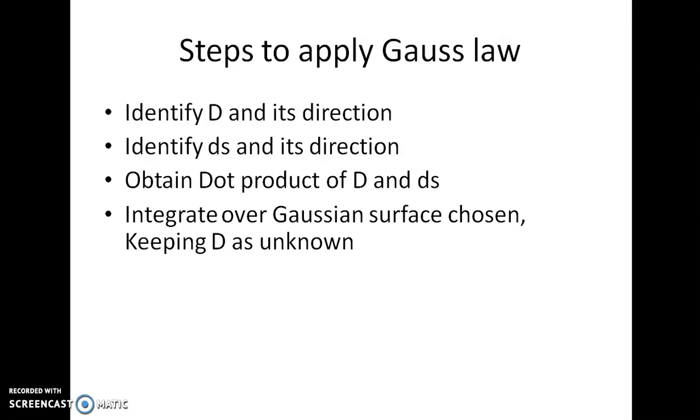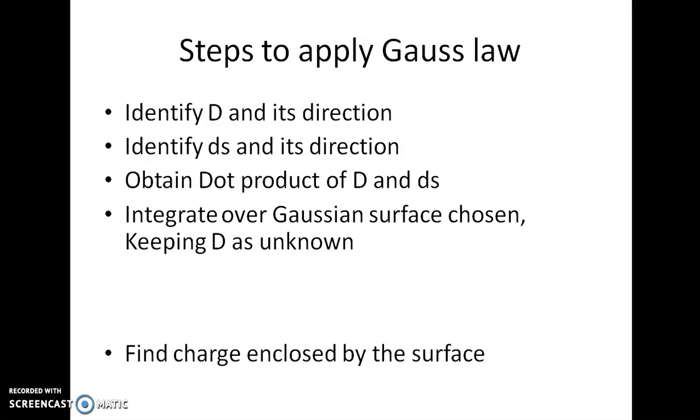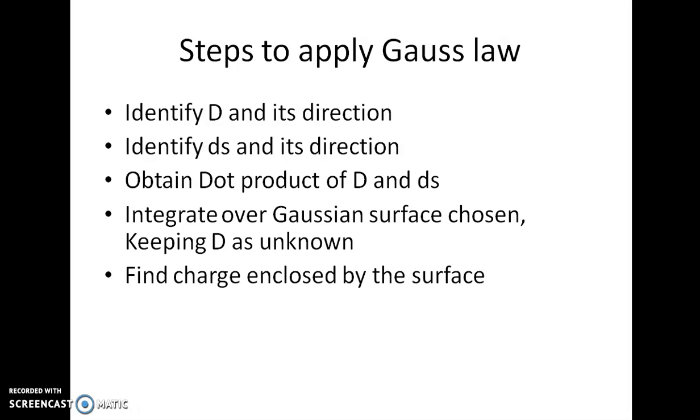Next step, integrate that surface integral over a Gaussian surface, keeping D as unknown, and write the equation of D in terms of Q. Next, obtain the charge Q enclosed by that surface.